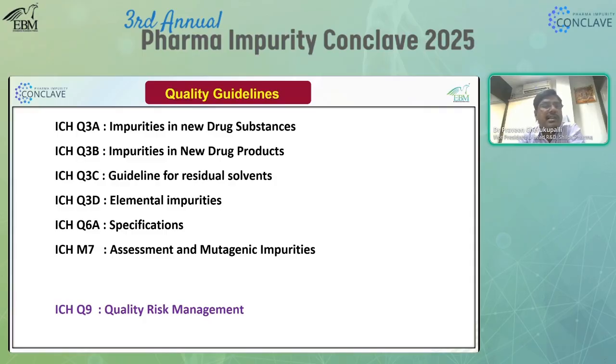Q6A is for the specification in drug substance or drug product, and ICH M7 is for the assessment of mutagenic impurities, including nitrosamines. ICH Q9 is quality risk management, where all the risk approaches can be made as per the guidelines of Q9.